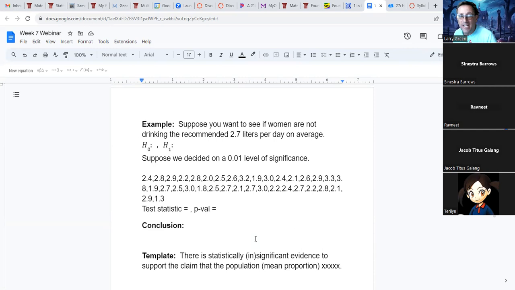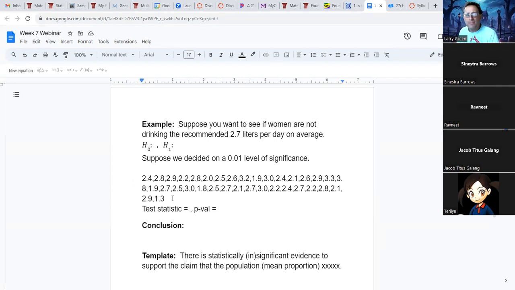Are you drinking enough? Let's suppose we decided on a 0.01 level of significance. Let's suppose that we surveyed a bunch of people. First person was getting 2.4 liters, second was 2.8, third was 2.9, next was 2.2, etc.